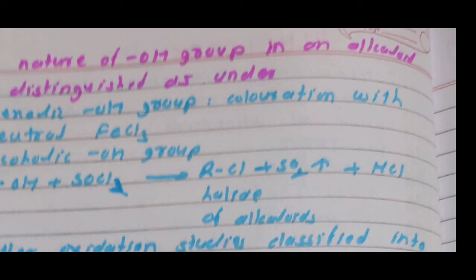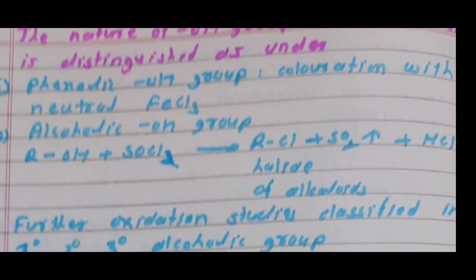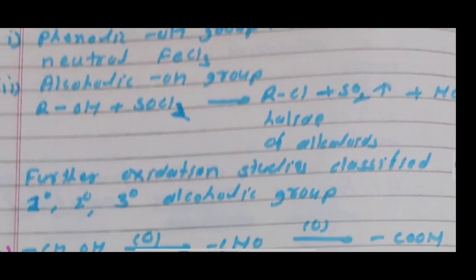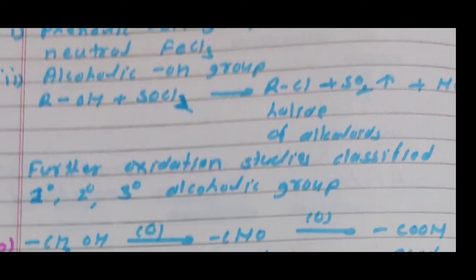The reaction of alkaloid with phosphorus halide or thionyl chloride, that is SOCl2, hints the presence of alcoholic OH group. Frequently alkaloids containing alcoholic hydroxy group lose their hydroxy group as water on heating with concentrated sulfuric acid or phosphorus pentoxide. Then further oxidation study helps to distinguish whether primary, secondary or tertiary alcoholic group is present.